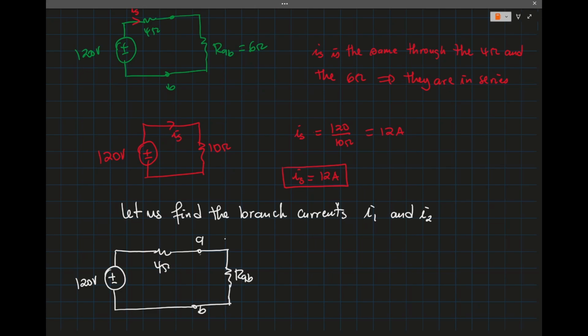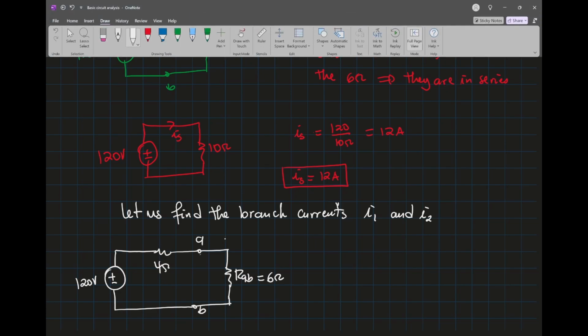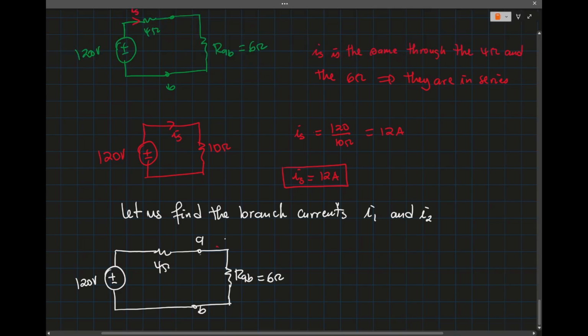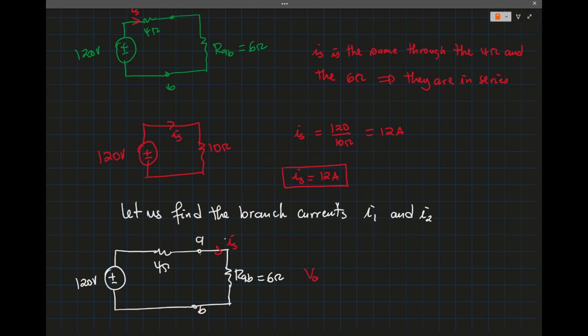Okay, so we know RAB, which is 6 ohms, and then we know the current in this branch, which is IS. So that means we can find VAB using Ohm's law. VAB will be RAB times IS.